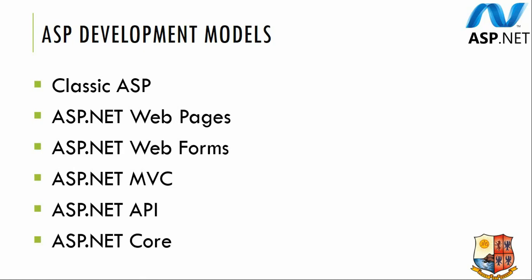So these are the development models available. The last part is not in the syllabus, but I just wanted you to know this. There is classic ASP, which is from before the .NET Framework came into the picture. It was the first one ever, and then you have Web Pages, Web Forms, MVC, which are in our syllabus, which is what we are going to see. And API and Core; Core has involved everything into one.